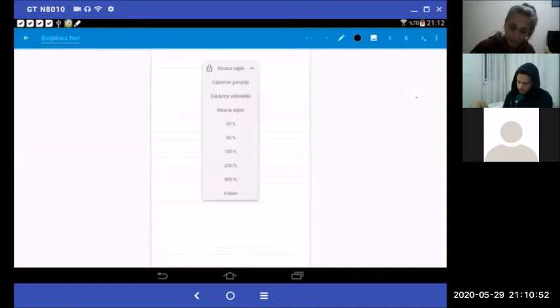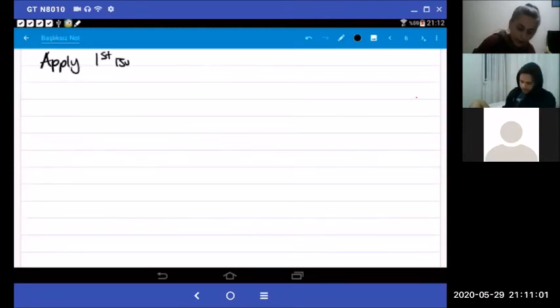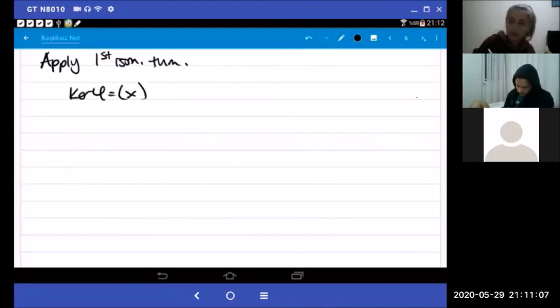Now here, apply the first isomorphism theorem. We know that the kernel of phi is just the ideal generated by x, and phi is surjective.